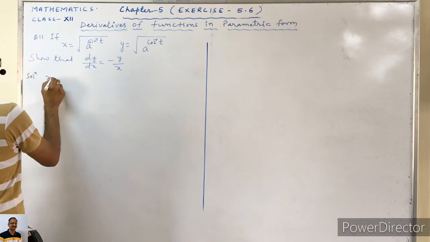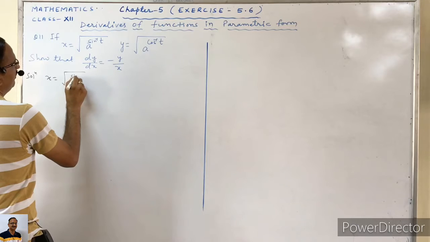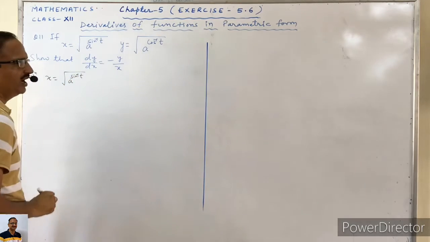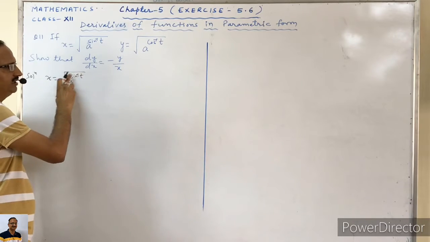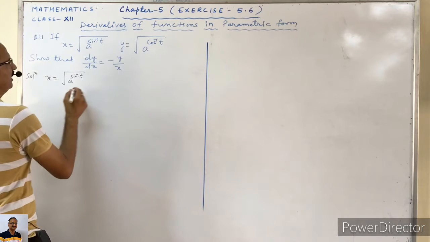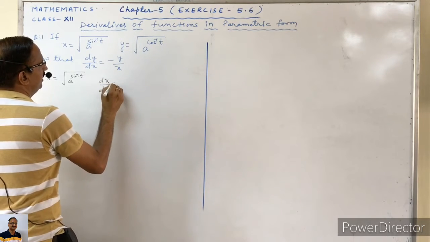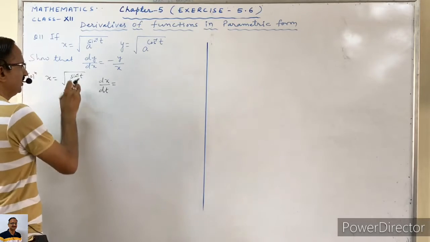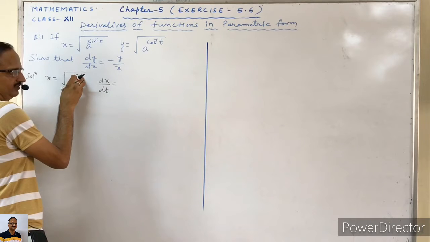x is root a raised to power sine inverse t. Now look at this function. This is a function of function type. So we can write dx by dt, suppose this is root t.